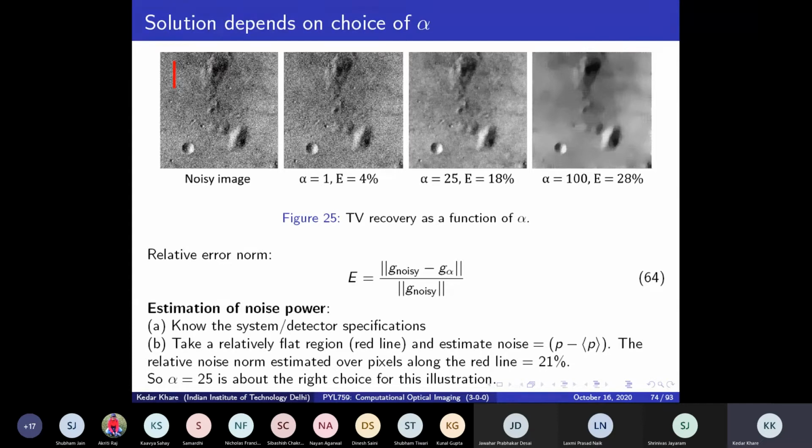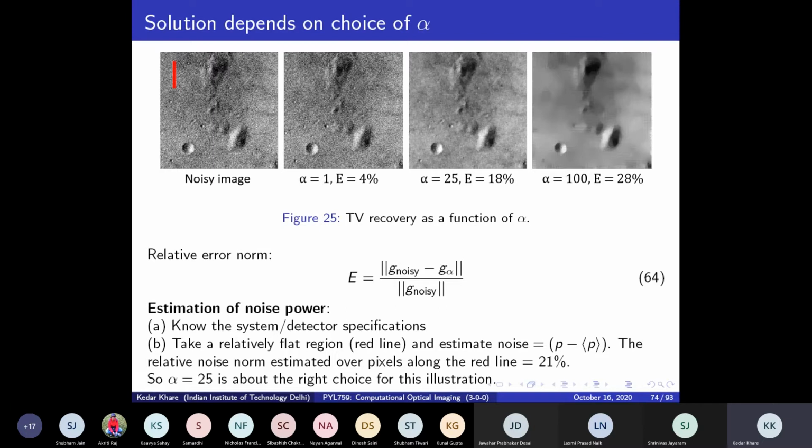I don't want to see the smaller values of alpha, because what they are doing is trying to fit the noise, and that is not what I like. And the larger values of alpha, like alpha equal to 100 here, are trying to over smooth my solution, because now the TV term has much larger weight in my cost function, and so it is going to create a somewhat artificial looking image.